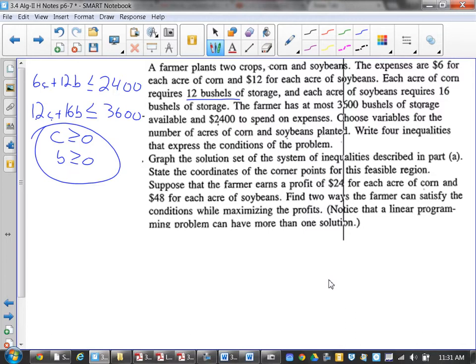So it doesn't mean that you're going to have a minimum of 12 acres or 12 bushels. It's saying that by putting this C value here, you're going to have more than nothing, if that makes sense. The 6 and the 12 are the coefficients of dollars and how much space they take up.